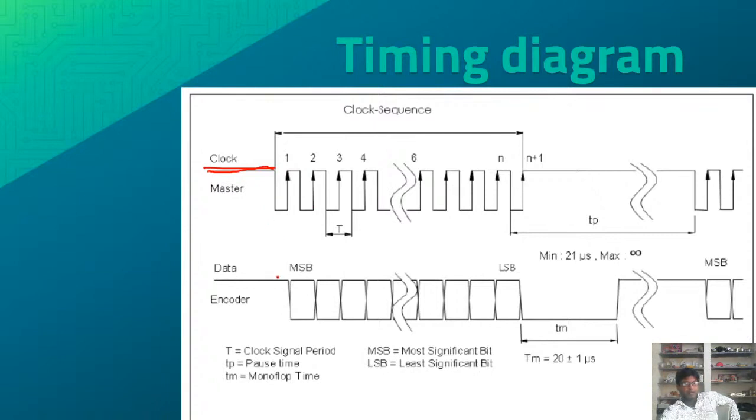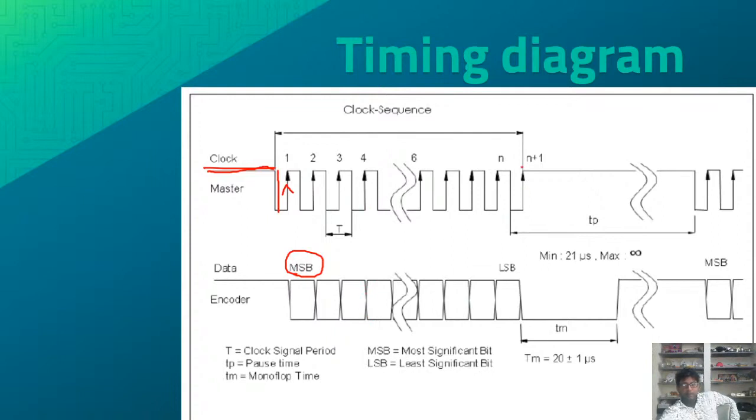When I need the position data, you first make the clock low and then high. When you give the first clock, during the first rising edge, the output register of the encoder will transmit the MSB, and on every rising edge, it will transfer the corresponding bit of the position data.